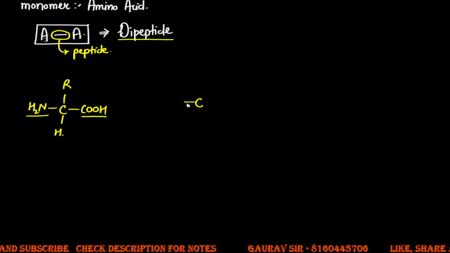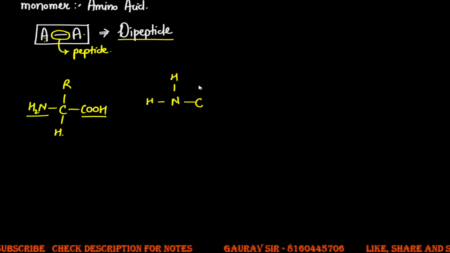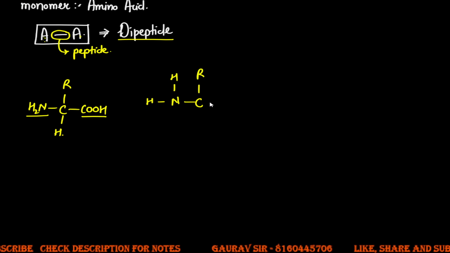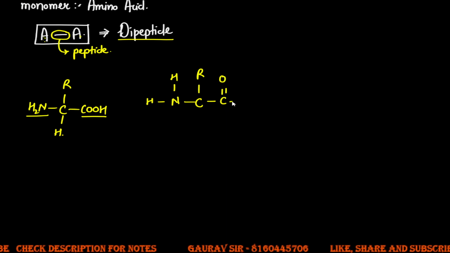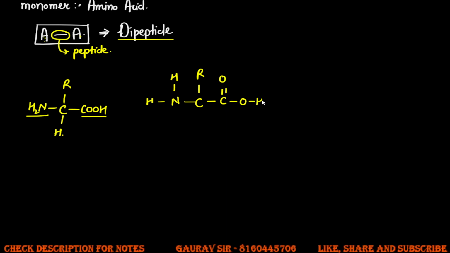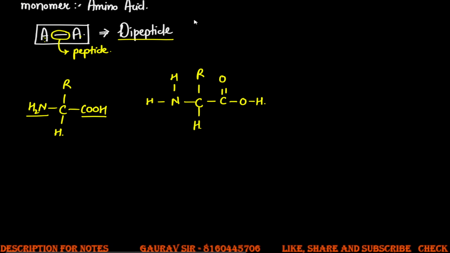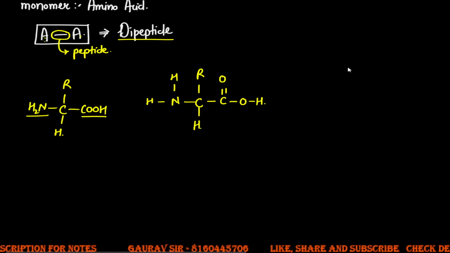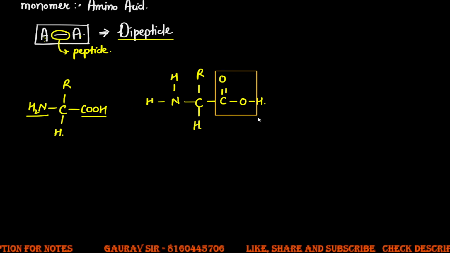You've got carbon, you've got N, you have an H here, an H here, then there goes your R, the alkyl group, you have got C double bond O, and then O and H, and one of the H with the C here. Boys and girls, I need you to understand one thing. You find these two structures to be different, but that is not the case.